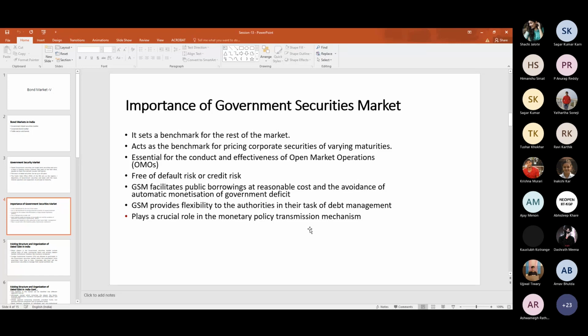And the operations with respect to the government debt securities market are also a kind of facilitator for the conduct of monetary policy. That's why we say that it plays a very significant role in the transmission mechanism of monetary policy. So this market is quite important, its significance is quite large, and its operations are quite prominent if you discuss the Indian bond market.